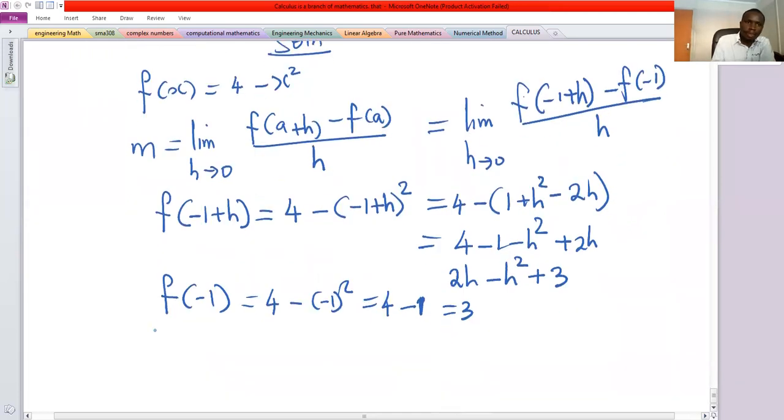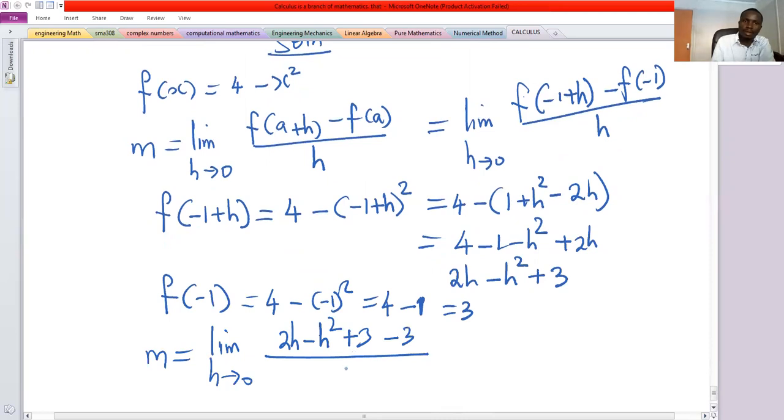So therefore, m will be the limit as h approaches 0 of 2h minus h squared plus 3 minus 3, over h. 3 minus 3 is 0, so we'll have the limit as h approaches 0 of 2h minus h squared divided by h.